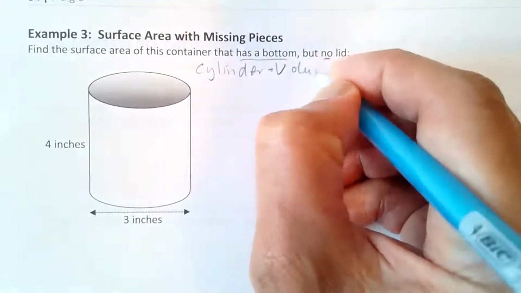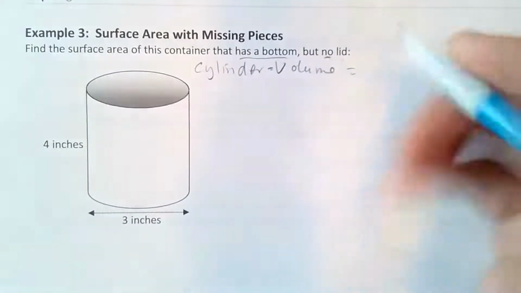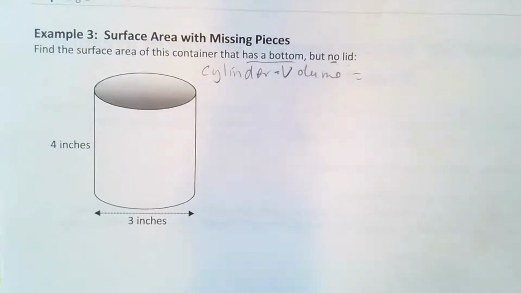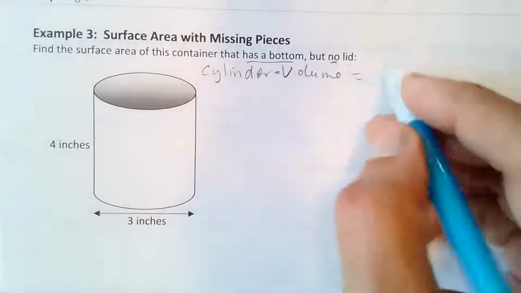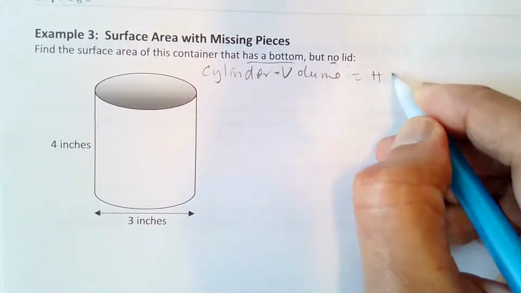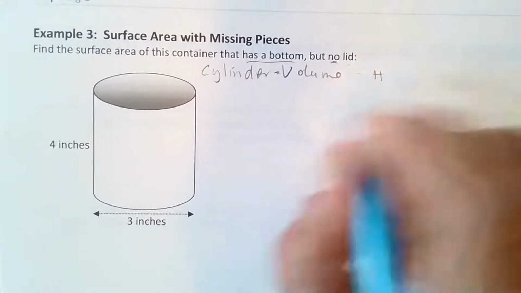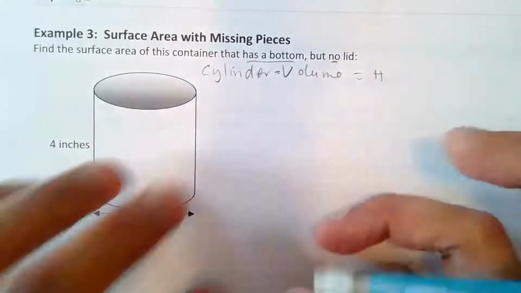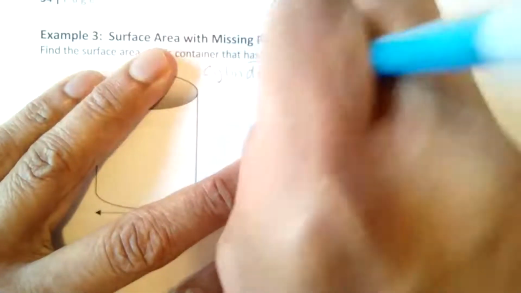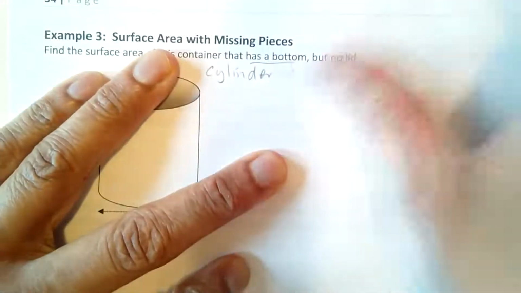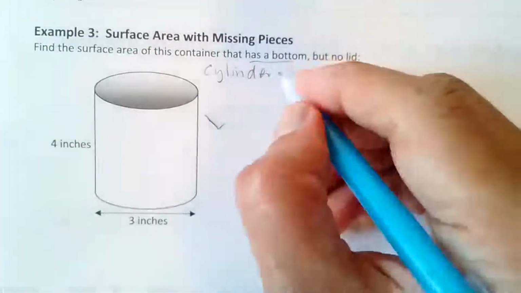Volume is equal to pi. Oh, sorry, we're looking for surface area. We're looking at surface, not volume. I'll change it to surface area.